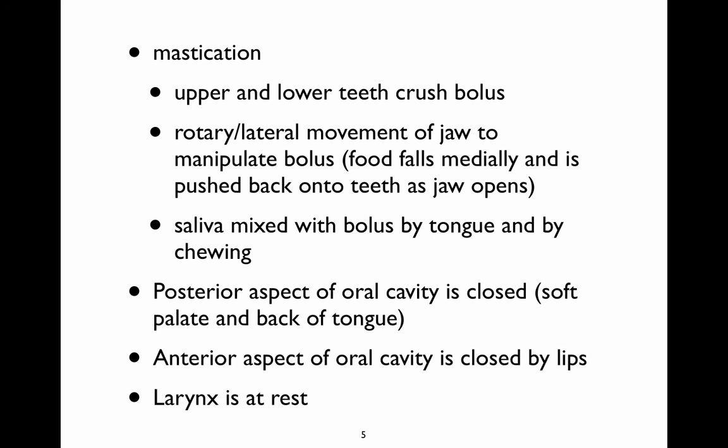In the anterior aspect, the lips have closed and prevent bolus material from escaping from the oral cavity in that regard. You can imagine if someone has a structural abnormality or they have innervation difficulties with the lips, that they would have a significant problem in the oral preparatory phase.